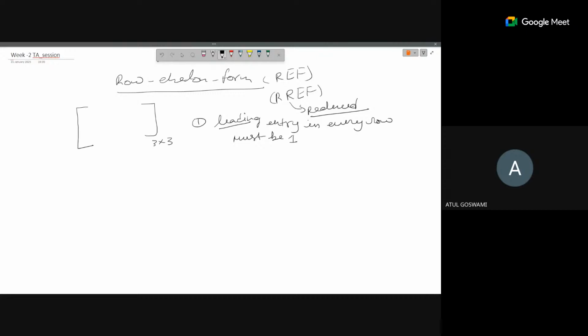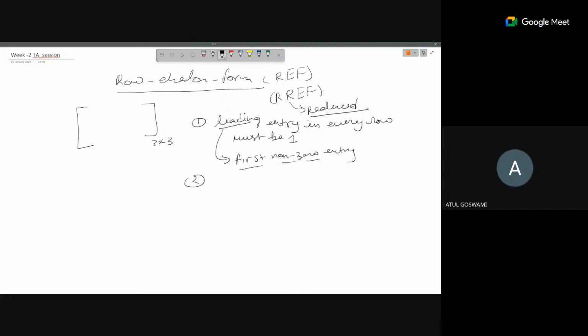So in the first row, the first entry should be one, and in the second row, the second entry. So then there are further conditions according to that. Let me write all the conditions first, then I will explain.